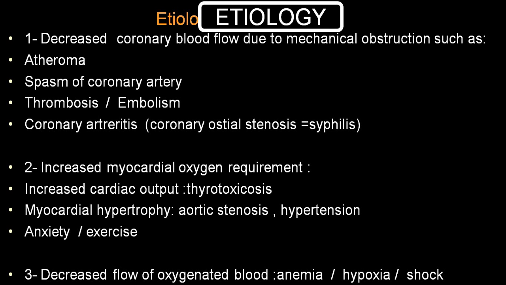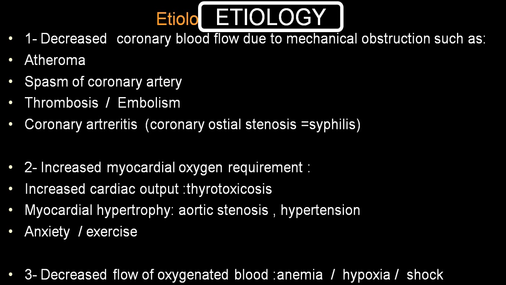The second mechanism, or second cause, of ischemic heart disease producing angina can be because of an imbalance between supply and demand. So if demand increases or supply decreases, then also you can get anginal pain.